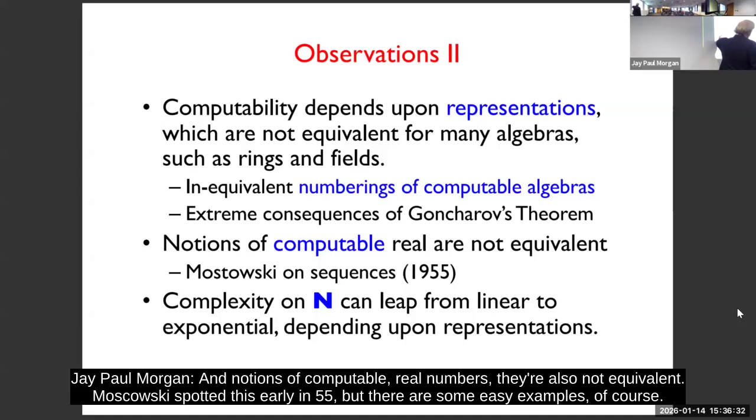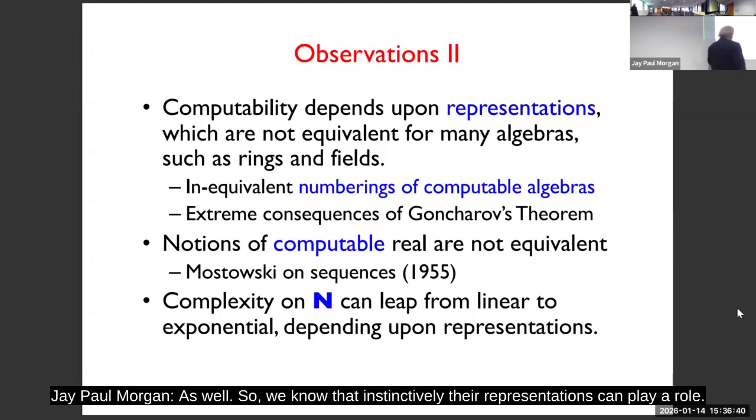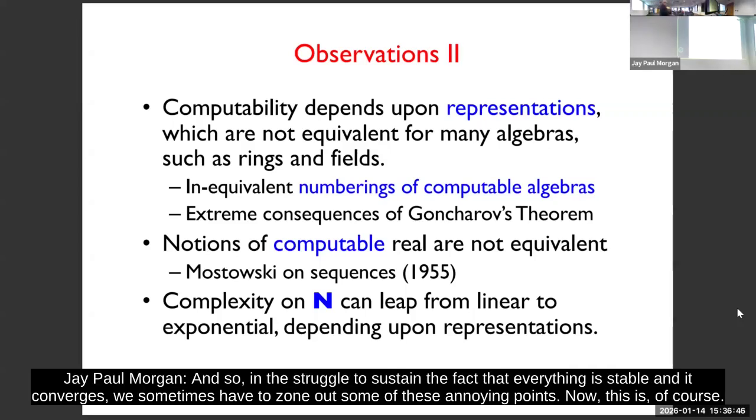And notions of computable real numbers are also not equivalent. Moskovsky spotted this early, in 55, but there are some easy examples as well. So we know instinctively that representations can play a role. And so in the struggle to sustain the fact that everything is stable and converges, we sometimes have to zone out some of these annoying points.